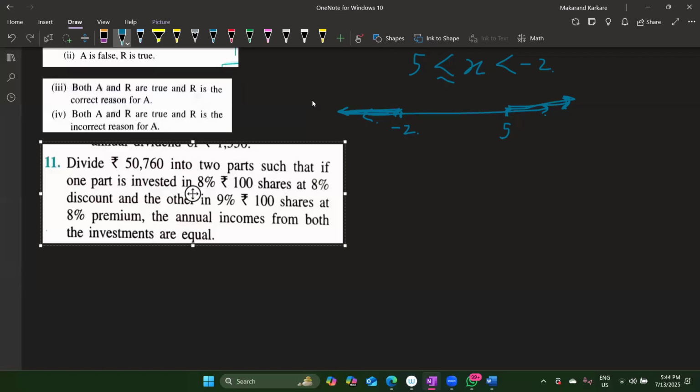Cool. Okay, I have one more answer. Somehow I am unable to go to the bottom side.